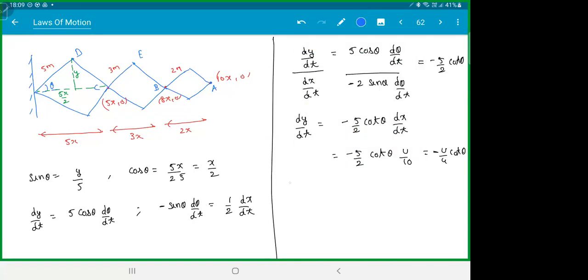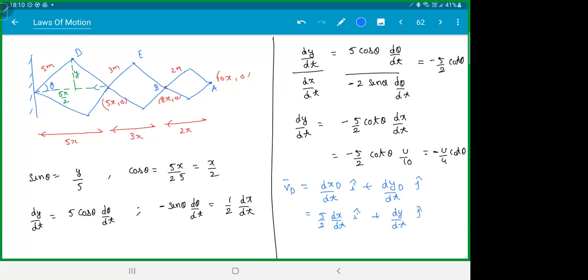Perfect. So you want to find velocity of D. So the position vector of D, so velocity of D will be d of x coordinate by dt i cap plus d of y coordinate by dt j cap. Agreed? You just find the x and y coordinates and differentiate them. The x coordinate is 5x by 2, so that is 5 by 2 dx by dt i cap. And the y coordinate is dy by dt j cap.